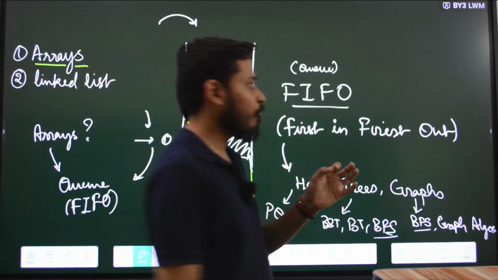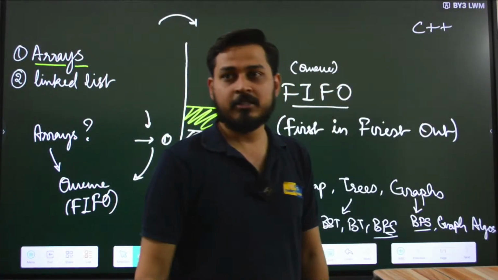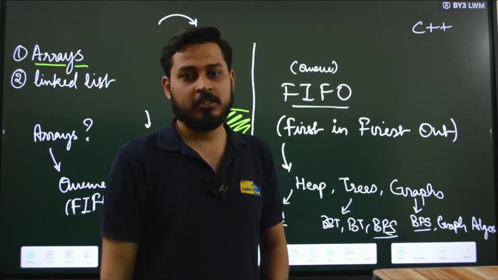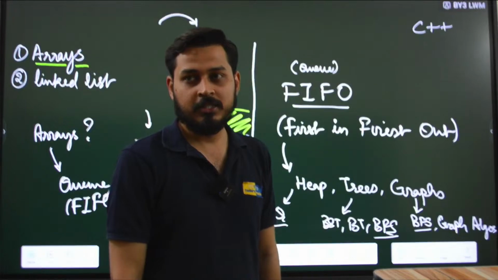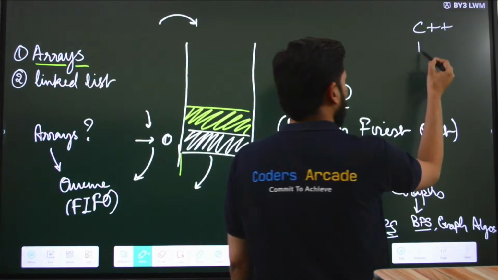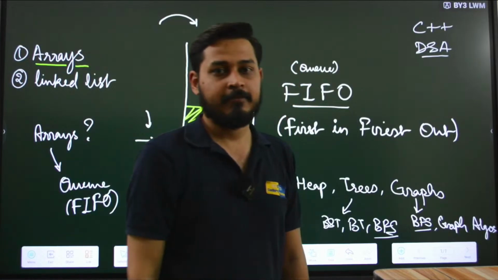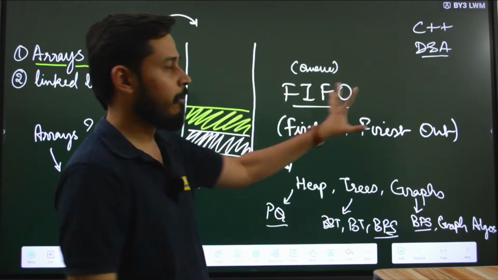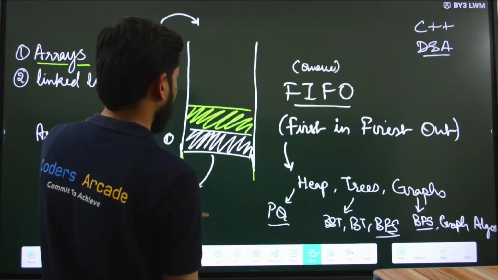Here we will be using C++, as we have already understood previously, that we are going to do C++ data structures. All your DSA part will be done in C++, and the queue will be implemented in this. So let us start and understand how it works.